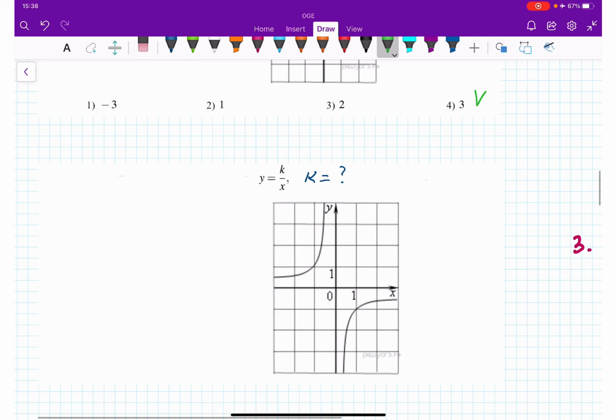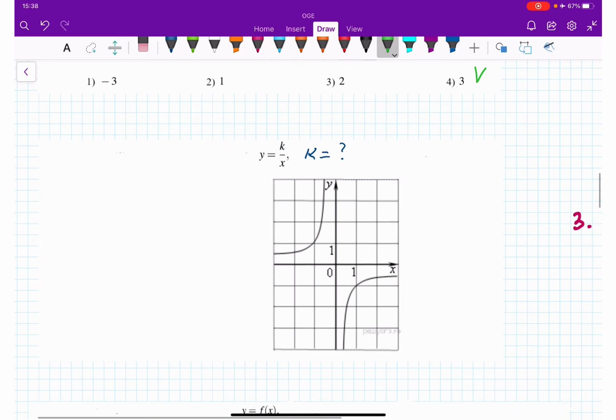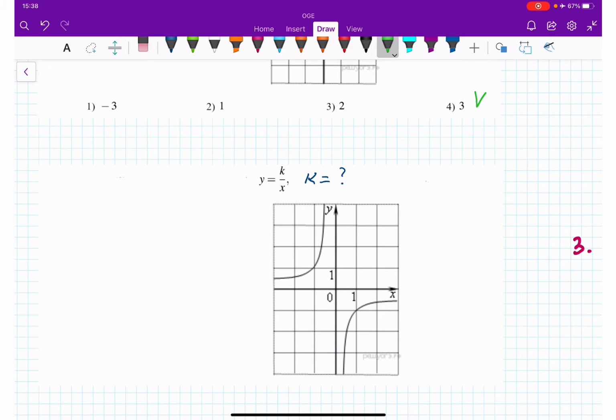So here we have the graph of the inverse function, k over x. So we need to find the value of k. We don't have anything else. All we need to do is find the value of k. Okay, let's take some point. Let's say this one, -1, +1. All right?